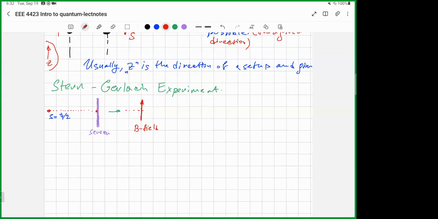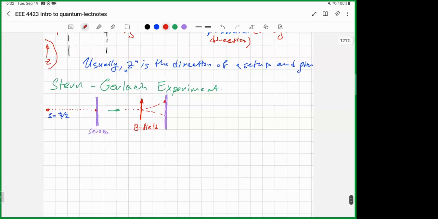And what experiment tells us, the beam of these particles is split into two beams, two rays, like this. So with the magnetic field, these particles created two bright spots on the screen.